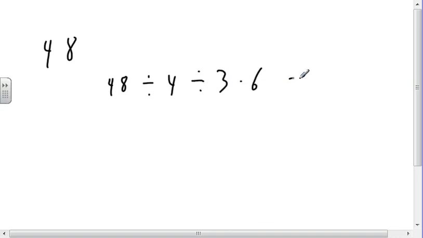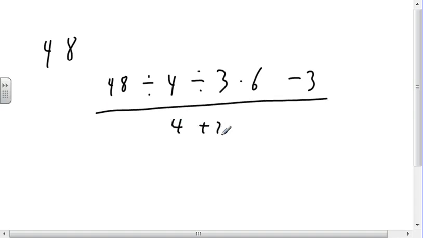Okay, so 48: 48 divided by 4 divided by 3 times 6 minus 3, divided by 4 plus 2 times 6 minus 2. Evaluate is what we're supposed to be doing.